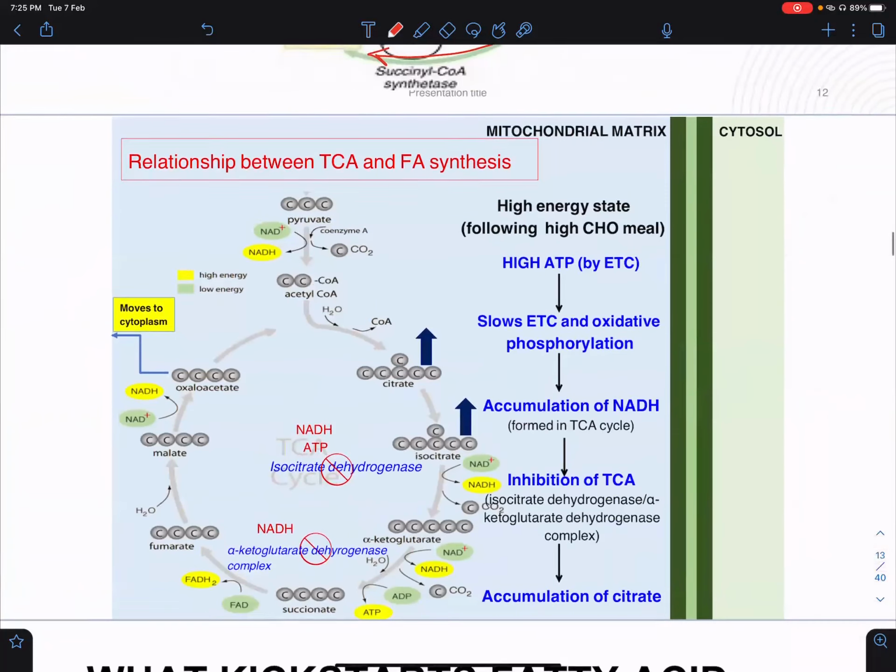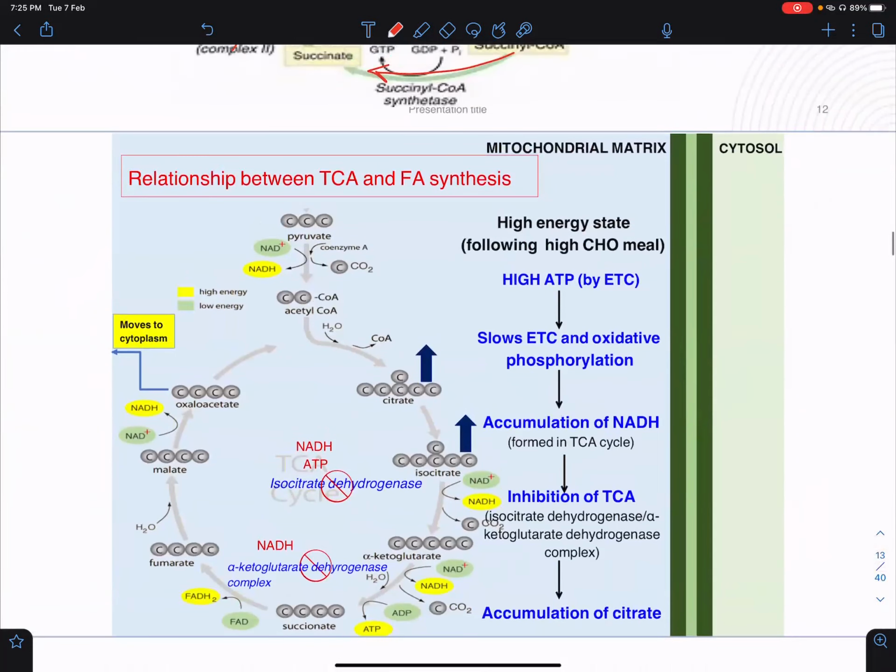So this is what he says over here. Basically, a high energy state following a high carbohydrate meal will give you high ATP production because there's a lot of glucose, which means a lot of glycolysis happening, which means a lot of Krebs cycle and a lot of electron transport chain activity. So you have a lot of ATP being produced by the electron transport chain. The electron transport chain is going to be like, wait, I made enough energy.